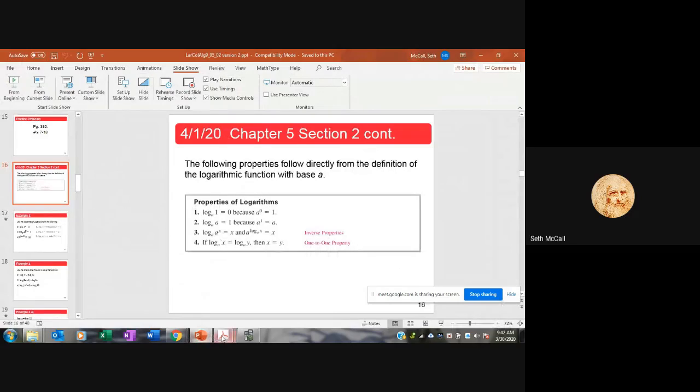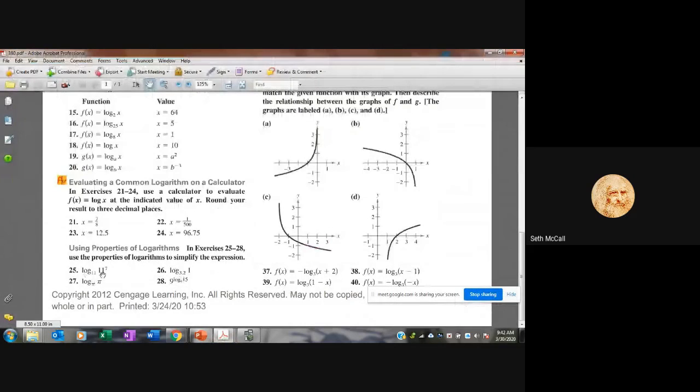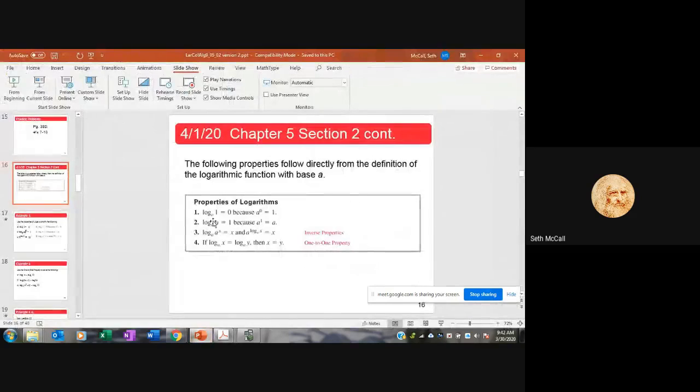So if you look at the first one, this is log base 11 of 11 to the 7th power. The thing that I want you to key in on is the 11s match. The base of the log matches the base of the exponent. So when we flip back to these rules and we look at rule number 3, you can see that this is log base a of a to the x.